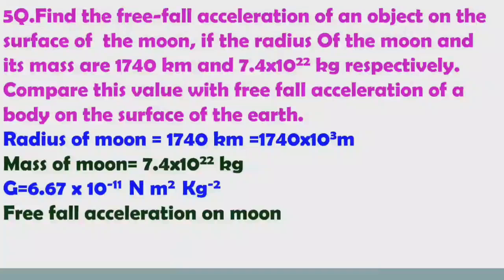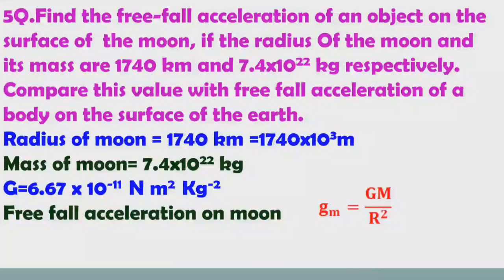Free fall acceleration on the moon. Already you know the formula for free fall acceleration. That is, free fall acceleration on the moon, Gm, is equal to capital GM by R square. Capital G is the universal gravitational constant, M is the mass of the moon, R is the radius of the moon.